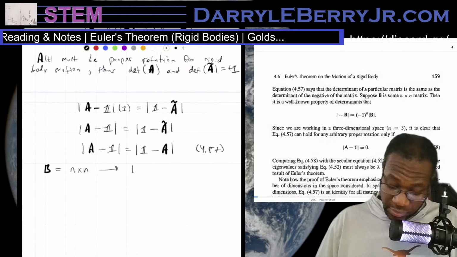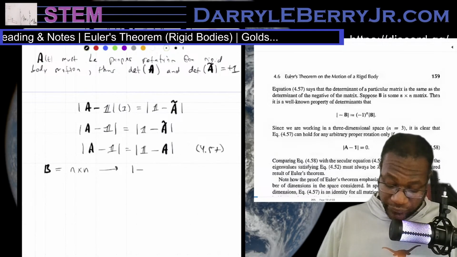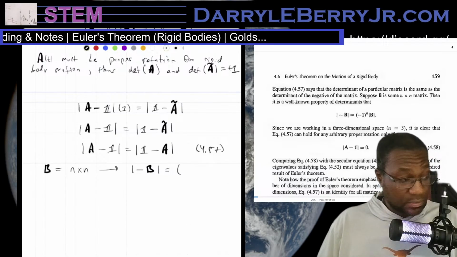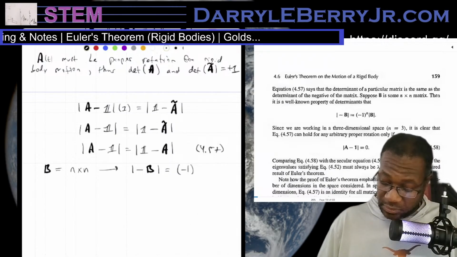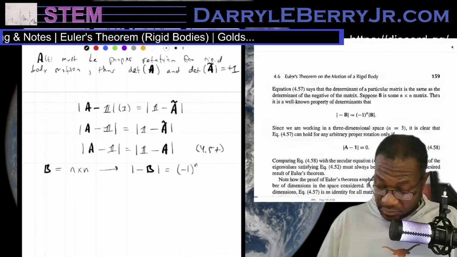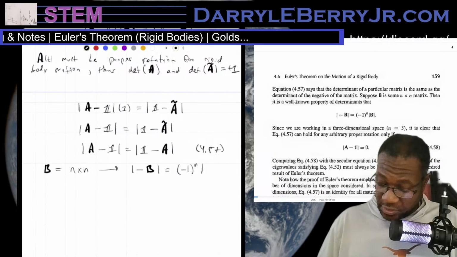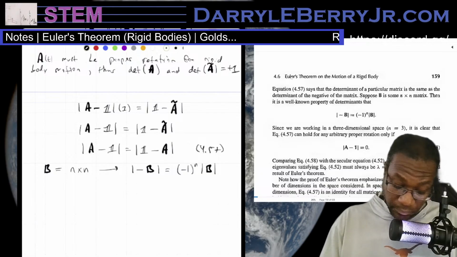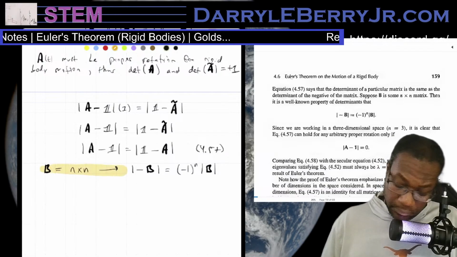So the determinant of negative B equals -1 to the n of the determinant of B.